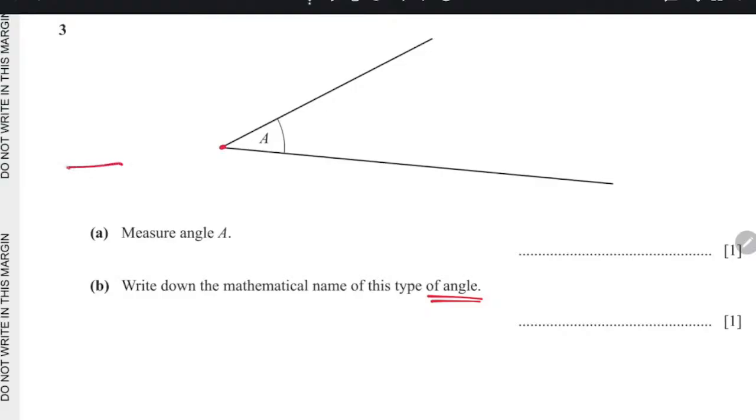So it'll be like this. Even if you put it like this, it doesn't matter. Can you see? Then this is your protractor. So remember, it has things like this, like this, like this.